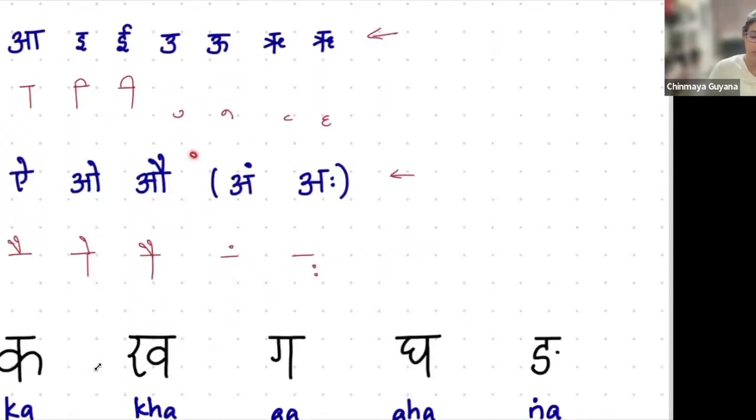We also saw that this and aha are not technically vowels. They are just kept there as placeholders, because the anuswara, the dot on the top, and the visarga, the two dots on the side, need a vowel before they can be pronounced. So we keep them with the a vowel. But you can choose any.